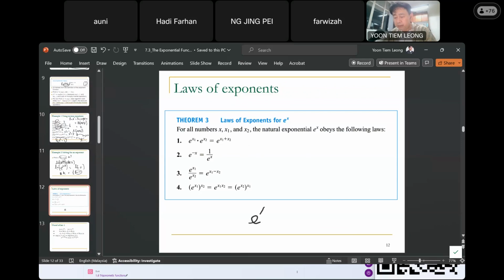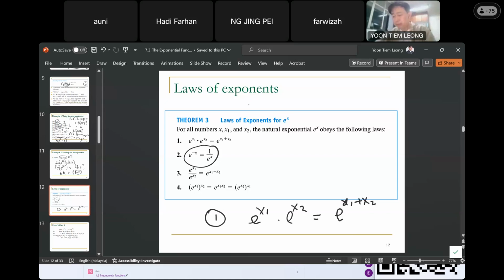Then the exponential function also obeys a set of laws. That is, if you have e raised to the power of x1 multiplied with another exponential function, e power x2. The theorem number 1 in the law of exponents for e power x is that if you multiply two exponentials together, then the product of two exponential functions is the same as e raised to the power of x1 plus x2. Then, you can think of e power minus x as equal to 1 over the exponential of x.